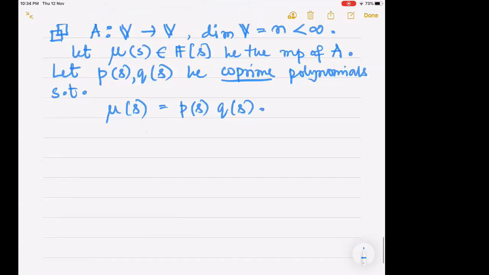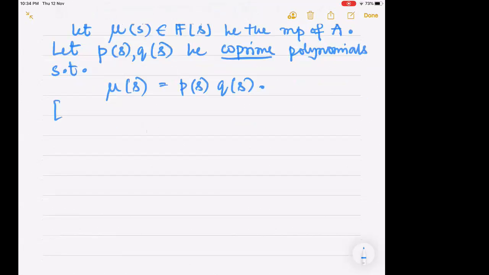Such a thing is not completely outlandish. This is called a co-prime factorization of the polynomial mu(s). Such a thing would exist as long as mu(s) is not what is known as an irreducible polynomial. If it's an irreducible polynomial or an irreducible polynomial raised to a power, then we won't be able to factorize the polynomial into co-prime factors.